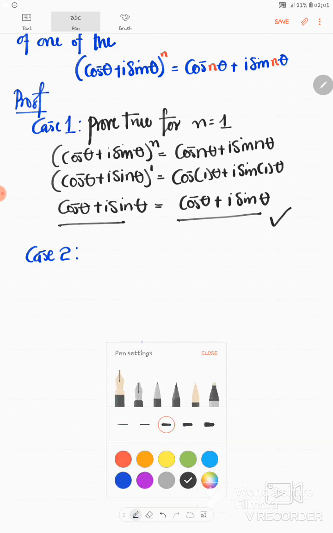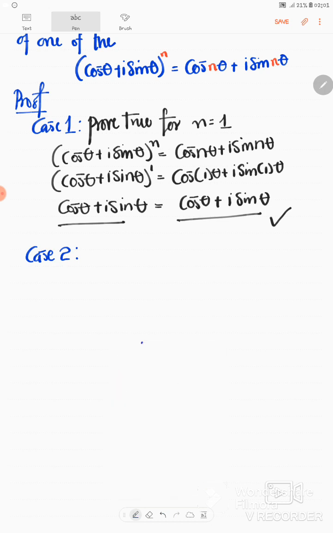Now case 2 is assume true for n equals k. That is the second rule in the principle of mathematical induction. It's not a made-up thing. Now let's write it. Assume true for n equals k. This means anywhere you see n, you put k into it.